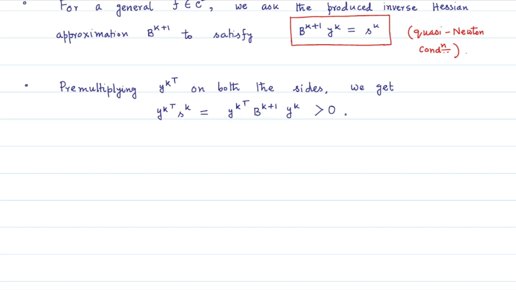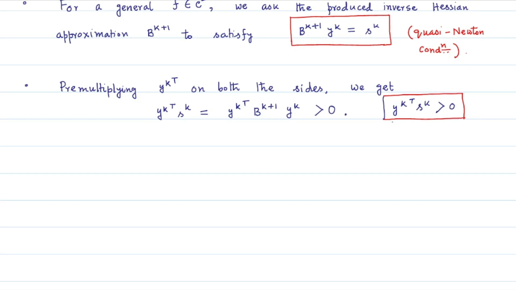So we take an additional condition that yk transpose sk is greater than 0 so that we can possibly ensure that the matrix Bk+1, an approximation of the inverse of the Hessian at the point xk+1, is positive definite.